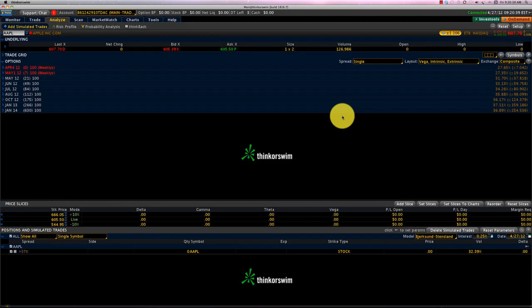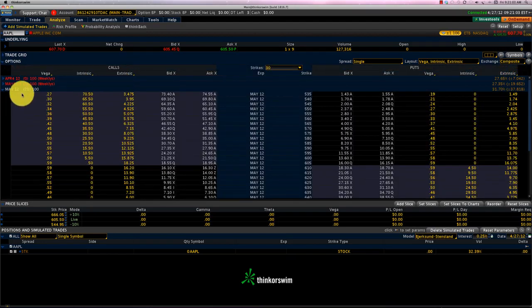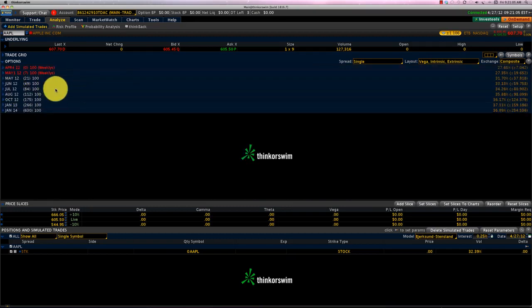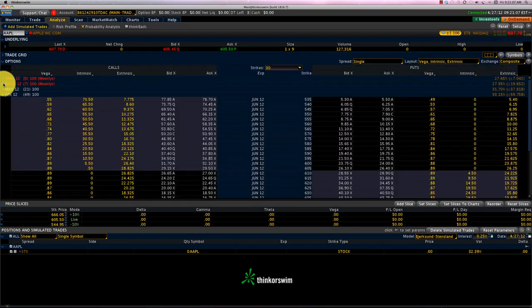But in the options market, we use slightly different terminology. Long and short have different meanings in the options market than what they do in the stock market. So let's take a look at this and clarify this point first because it's important. In the options market, when we say we are going long, what we are really talking about is being a buyer of options.